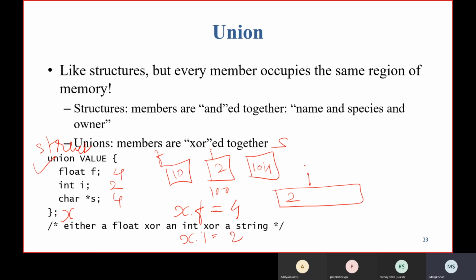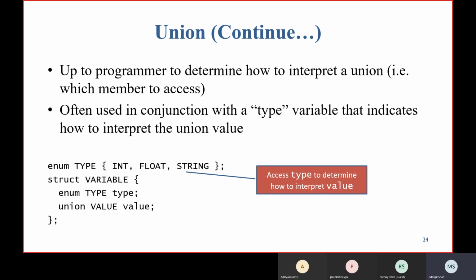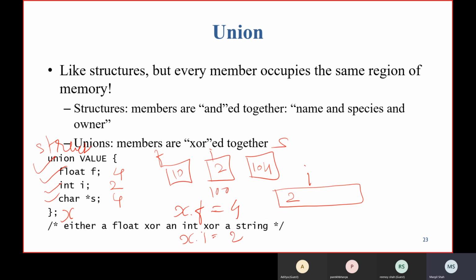It means at a time we can work with any one of these 3, not all of these 3. In the case of a structure, we may work with all of these 3 at a time. But in a union, we may store the value of only one of these variables at a time. So if we are dealing with f, we cannot work with i. If we work with i, we cannot work with s or f.